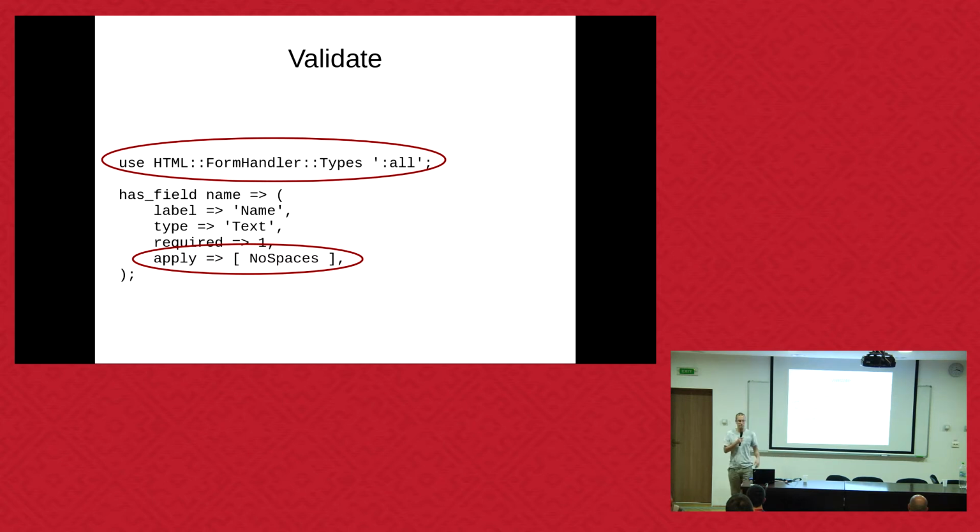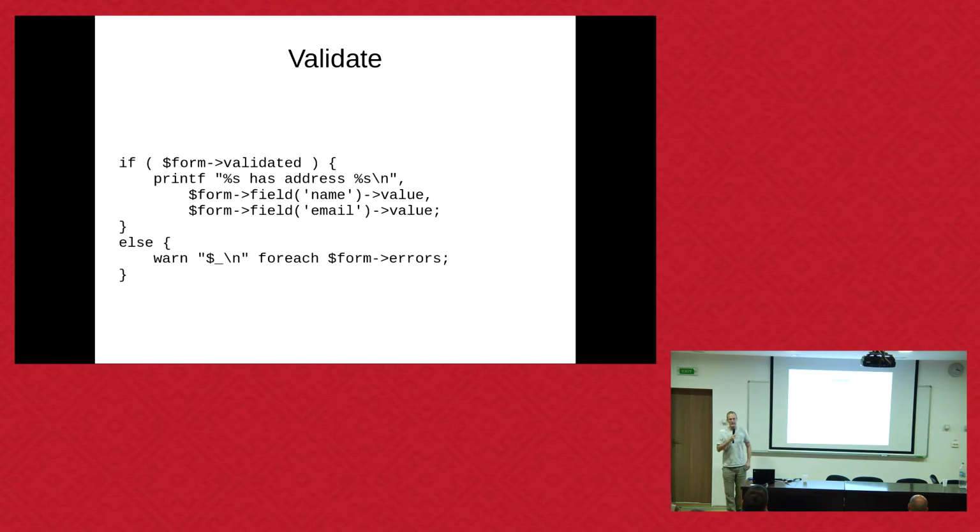So you can reuse these common validation patterns that people have already come up with, as well as inventing your own. And if you've ever written any Moose types, it's just the same, so you don't need to learn something new. In this case, we're saying apply NoSpaces. So basically, we're saying a user's name must not contain spaces. And again, this is one of those things where you probably want to have that conversation with someone, but it's an illustration.